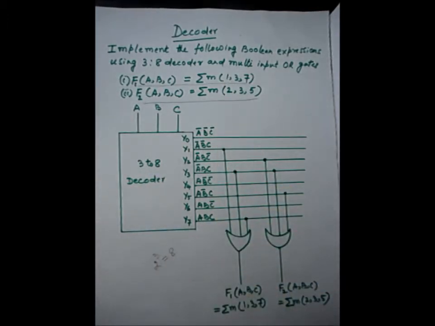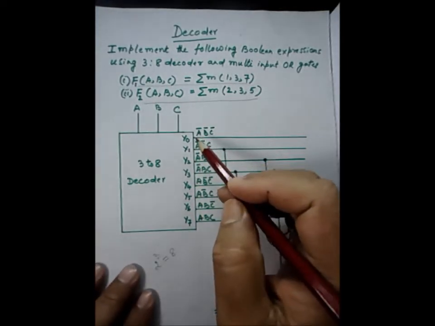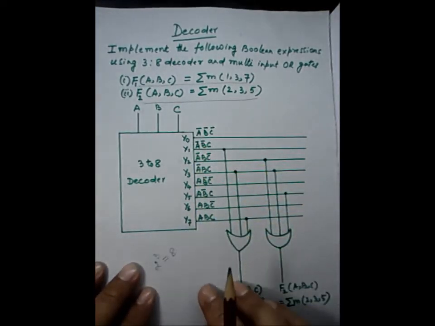Now, in the case of a decoder, another thing I want to mention here is that this decoder I have drawn is completely from the basic fundamentals, the definition of the decoder. But if you come to the decoder IC available in the market, one of which is 74138, it is different from that. The main difference is that all the outputs in that IC are complemented.